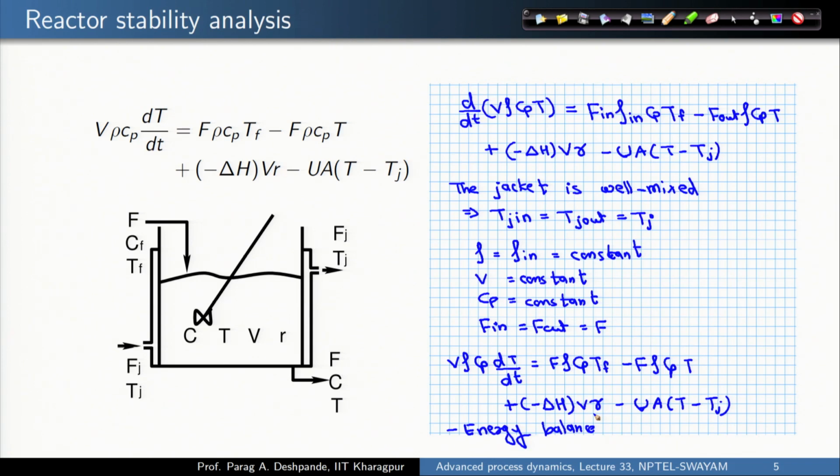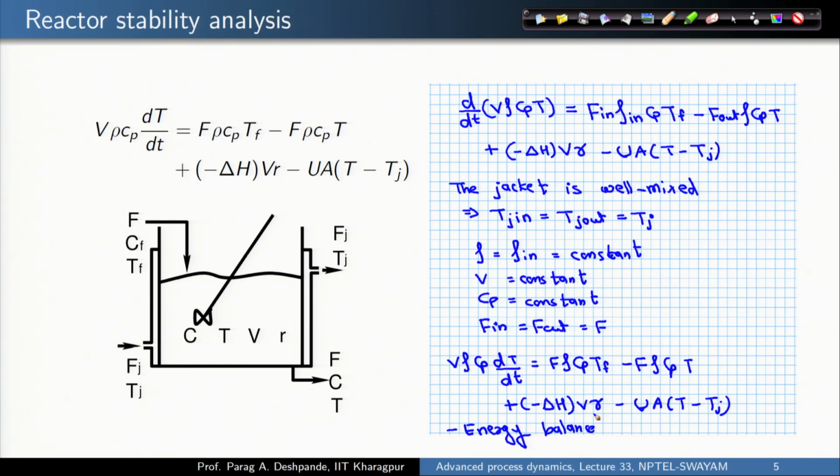So, which in turn means that you must be having an exothermic reaction, and if the reaction is exothermic, then you see that the term which involves the energy change from the reaction has a minus delta H, which means that you have the energy addition because of the generation of energy from the reaction, and that energy is taken away by the jacket fluid. So, these are again observations which you should make for this particular equation.